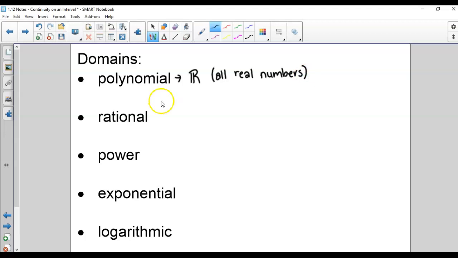Okay, for your rational functions, the denominator cannot equal 0.